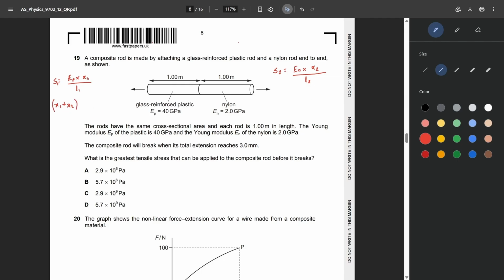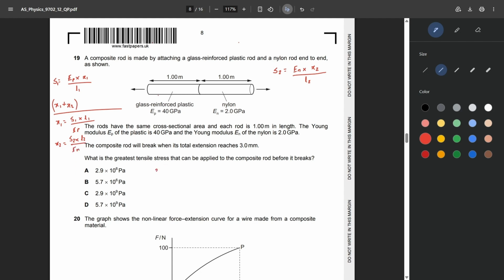Now if we make x1 and x2 the subject, we get x1 is equal to S1 times L1 divided by EP, and x2 is equal to S2 times L2 divided by En.